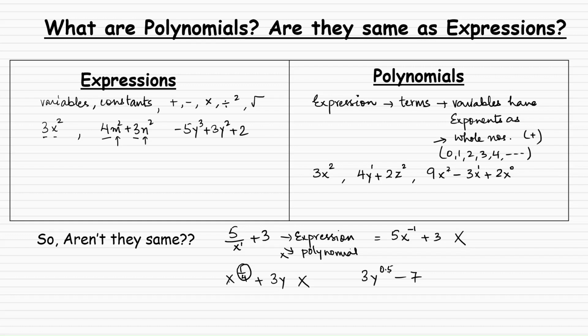It's not a polynomial because this is a decimal exponent. I can write this decimal exponent 0.5 as actually 1/2, minus 7. So my exponent is a fraction, so it is again not a polynomial. So that is the difference between expressions and polynomials. In polynomials, the exponents should be positive whole numbers.